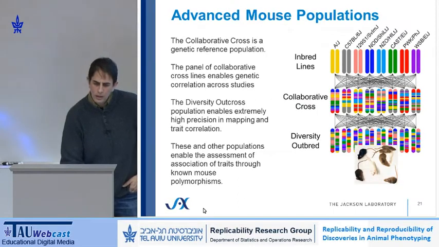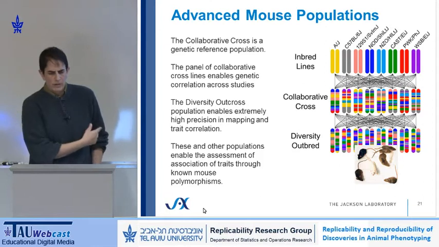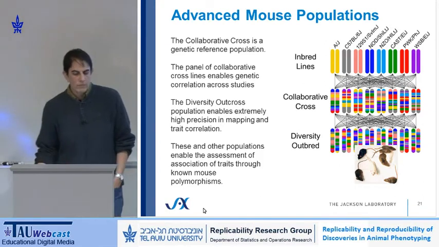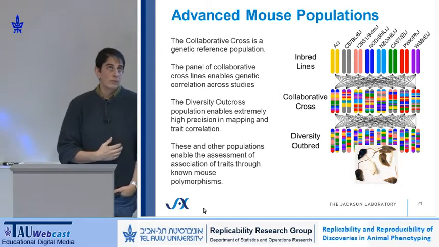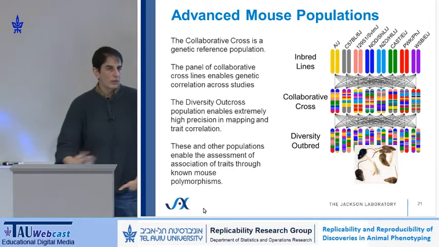Yes or no? And in advanced mouse populations like the Collaborative Cross and the Diversity Outbred that Fuad's going to talk about, we have many more of these polymorphisms. And we have essentially, I guess, over 45 million polymorphisms across the entire population of mousedom.